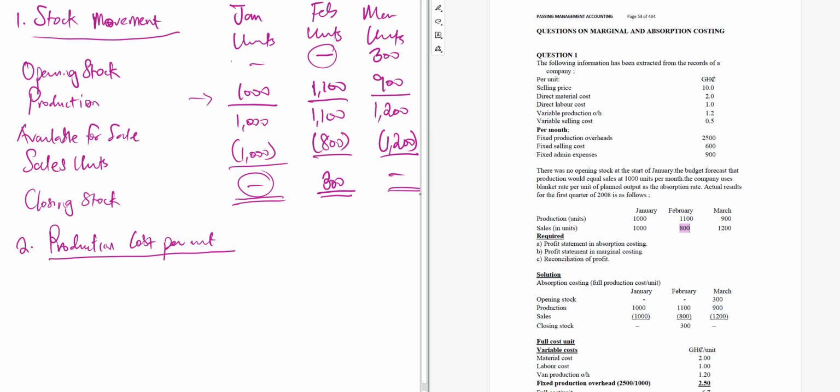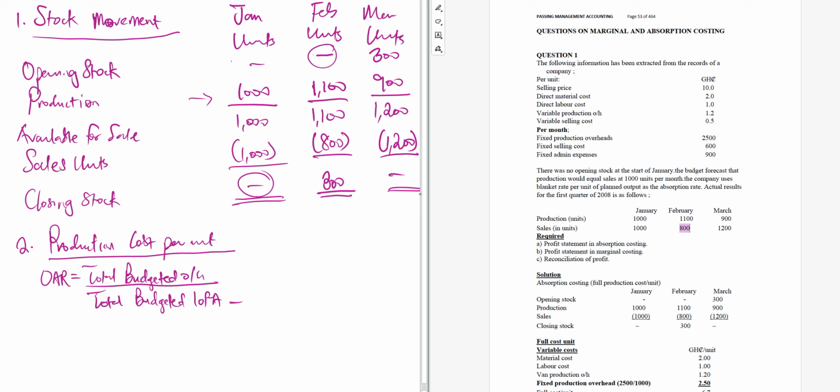To get the full cost I need my OAR, and we know that my OAR is my total budgeted overheads over my total budgeted activity basis or level of activity.